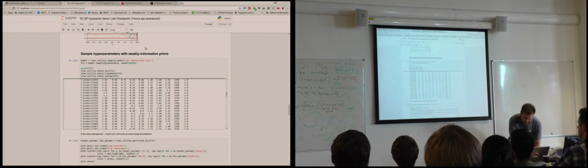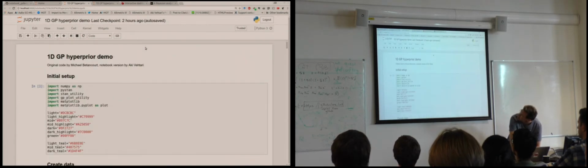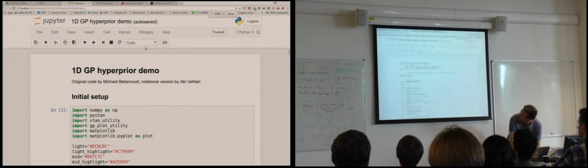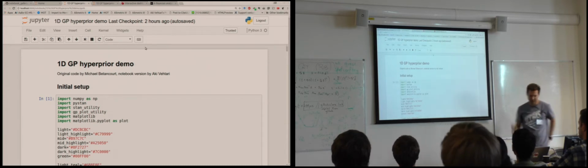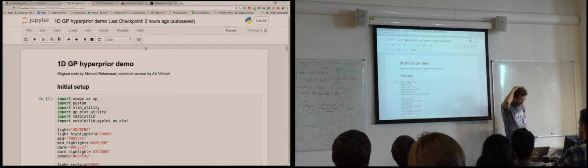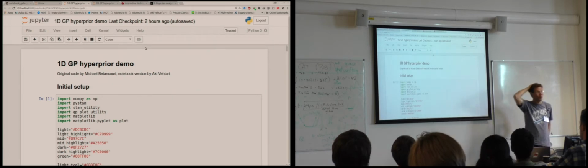Go to the demo. My goal before coming here was to have this notebook all with GPy.